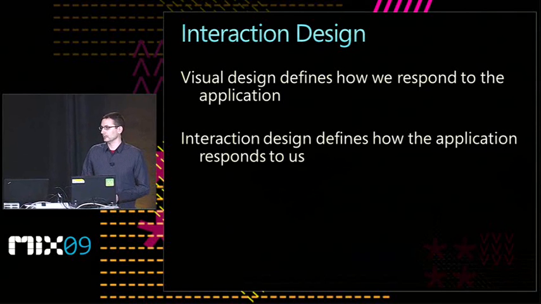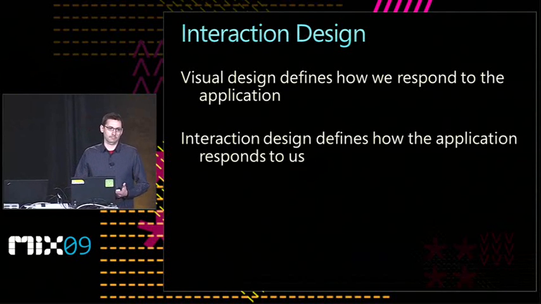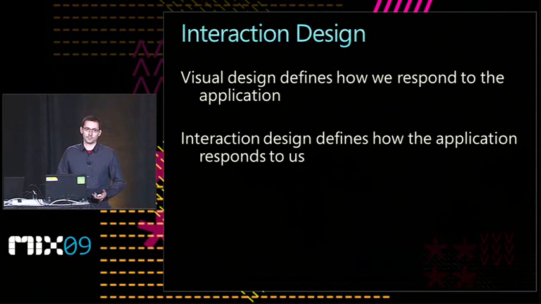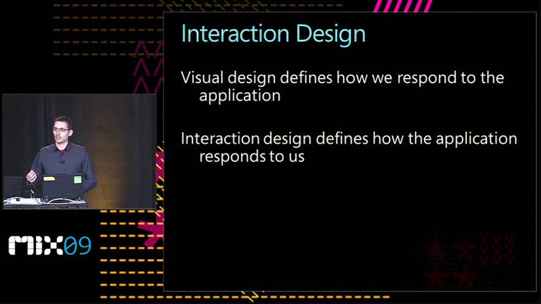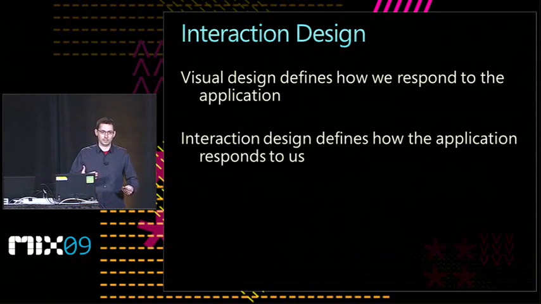This is basically something that for Blend 3 we really wanted to focus on, that we really wanted to put more of the design process into interactive design. So making it easy to really iterate on this, to really create, to define how an application responds to the user, and make it easy to iterate on it, to experiment, to try new things, see what works, see what doesn't work.